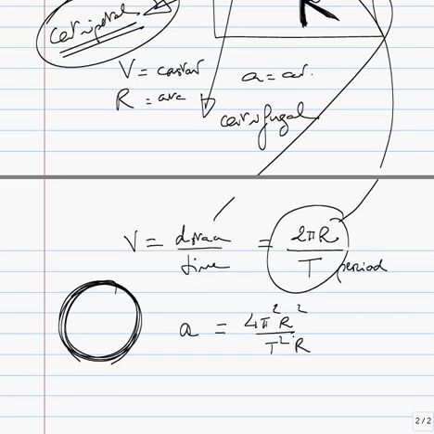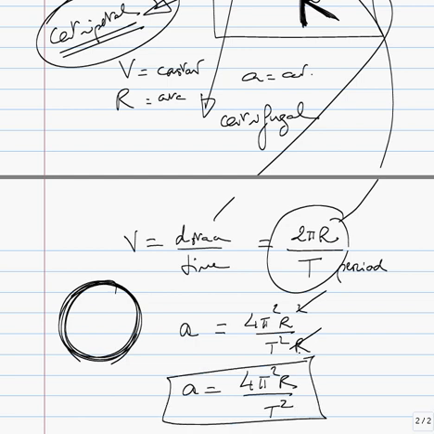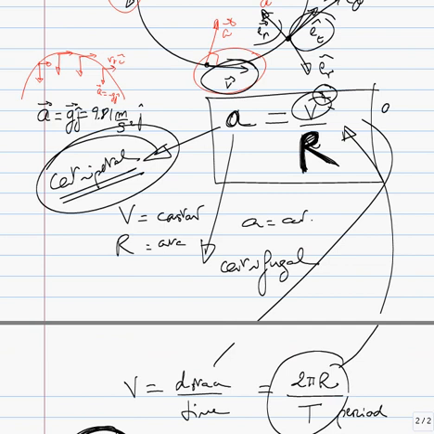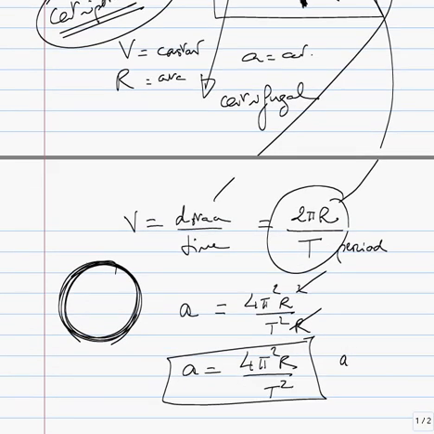We can simplify one of those r, and therefore we can rewrite the acceleration as this. Same thing, except this one is expressed as a function of v, while this one is expressed as a function of time.